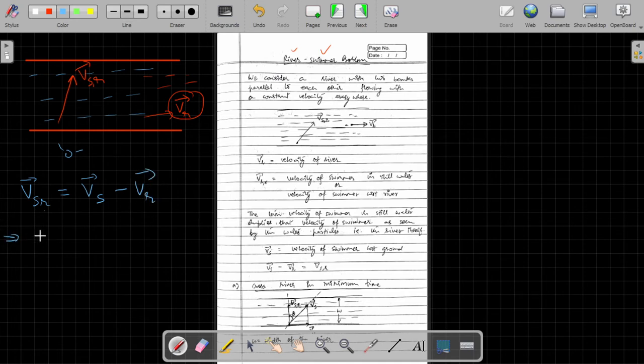This implies the velocity of swimmer would be equal to the velocity of swimmer with respect to river plus the velocity of river.